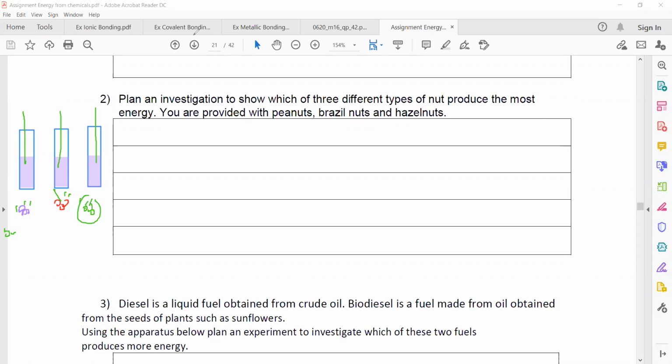So first, how do we plan this experiment? Take equal volume of water in three different test tubes.